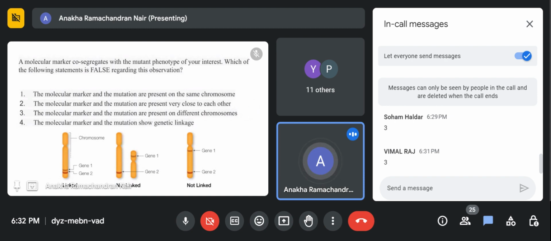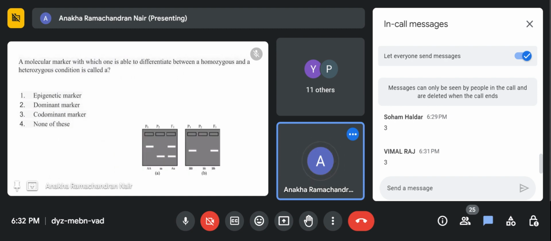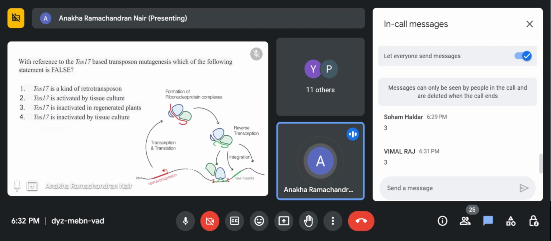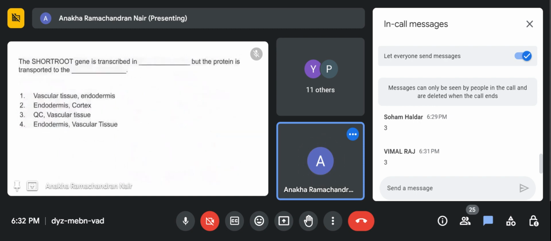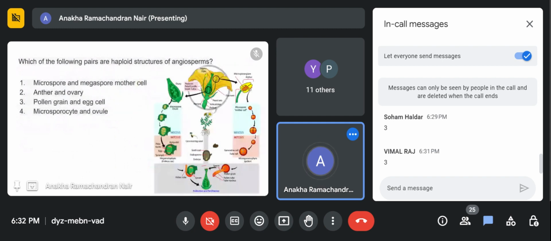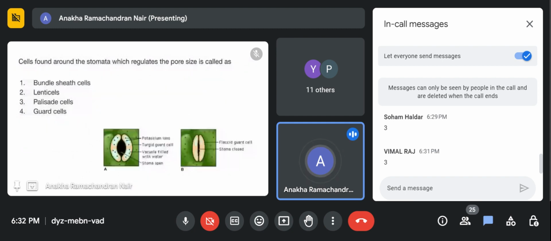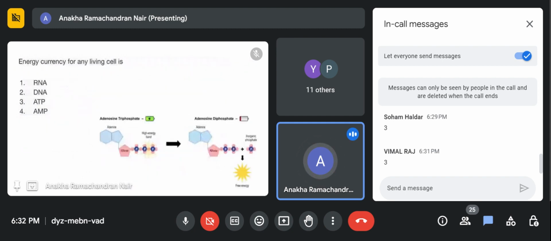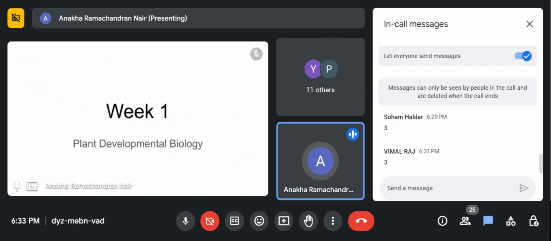For those who joined late, I'll start again. That was the last question technically for today. Those who have seen all the questions from the start, you can leave the meeting unless you have any doubts. If you have any doubts with regards to the course or anything else, you can ask me. If it is regarding the assignment for this week, we will discuss it after the due date of the assignment is over.